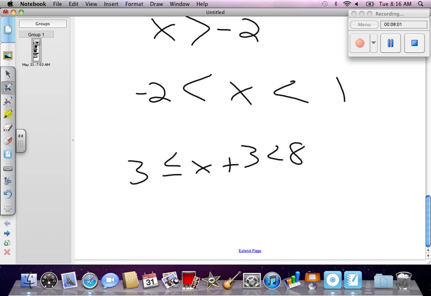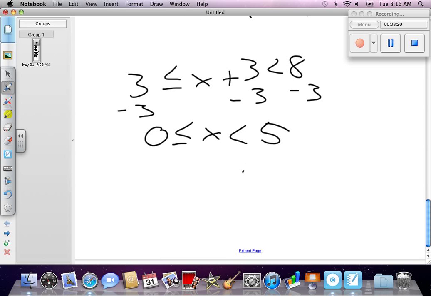Okay. All right, Lawrence, what would you do to get x by yourself for this equation? Subtract 3 from everything, right? So there should be 3 subtracting 3's. You end up with 0 is less than or equal to x, which is less than 5. Which would be A.